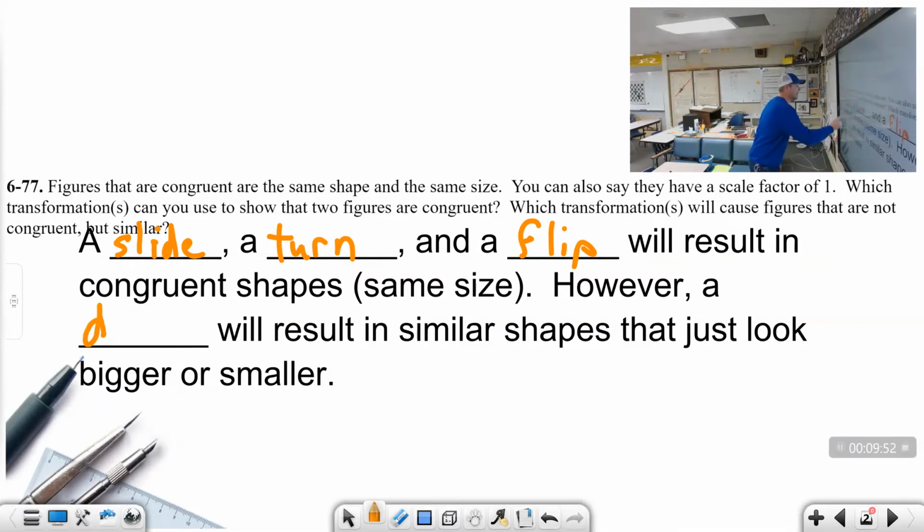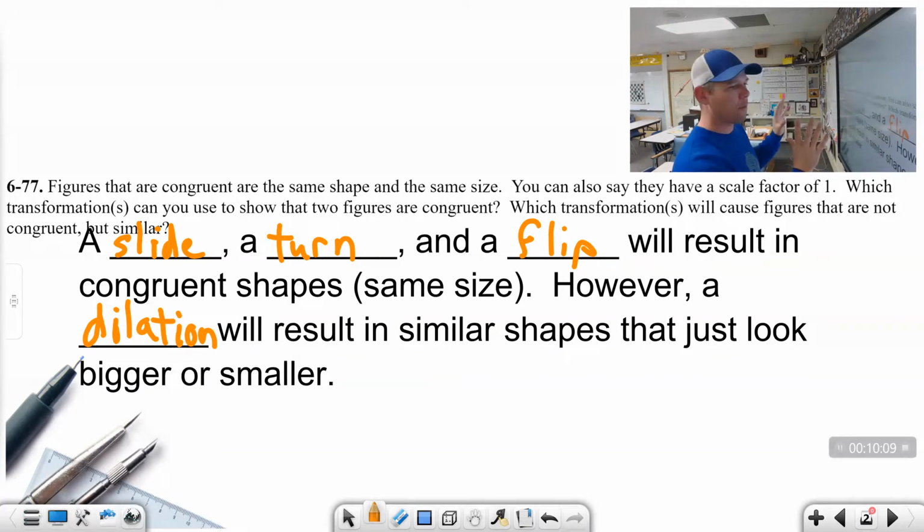However, a dilation will result in similar shapes that just look bigger or smaller, okay? So this is a key piece of understanding when it comes to these dilations and rigid transformations. Pause the video so that you can get that written down.